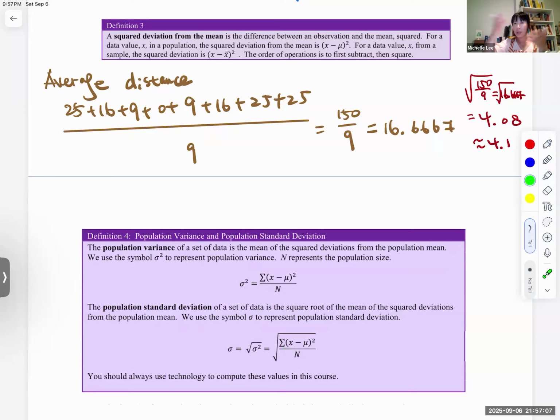We make a summation of that divided by the number of observations, the number of data in the set. By unit, we want just a flat unit, not squared. So we take the square root of them to get just a unit by itself, right? Okay, so that is what we call the standard deviation.